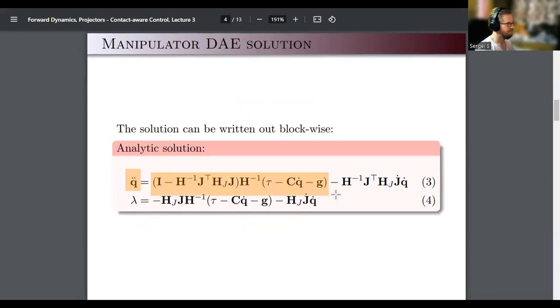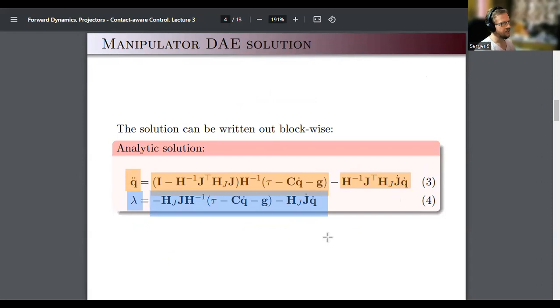Again, what I said: this expression multiplied by the right-hand side, and this expression multiplied by J dot q dot. And what's also interesting, we have a separate solution for reaction forces, which looks like this.